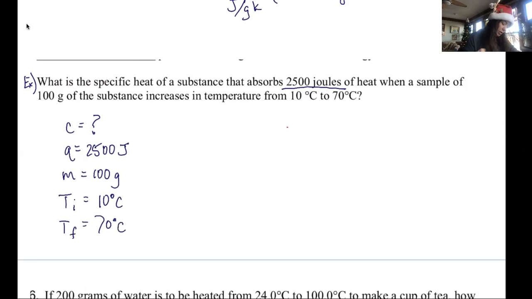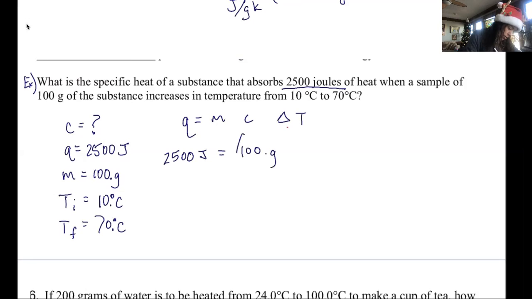Whoever wrote this did not consider significant figures. I would like to put decimals behind all of those. All right, well, I obviously have a Q equals MC delta T equation here. My units look good. This is a positive 2,500 joules equals my mass, which is 100 grams.